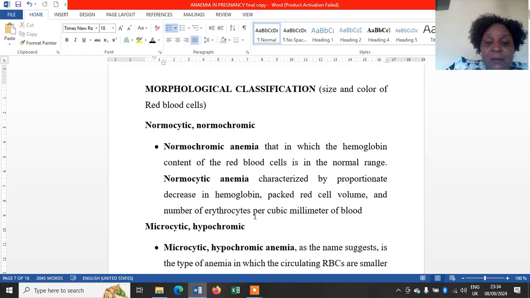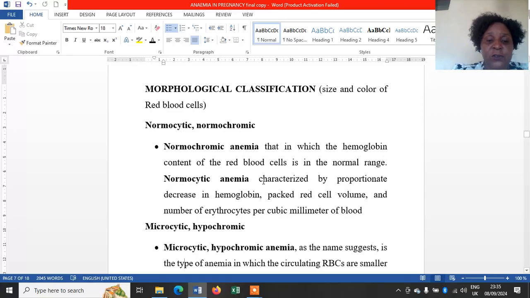Normocytic anemia means the hemoglobin content of the cell is in the normal range, characterized by inappropriate decrease in hemoglobin, packed red blood cell volume, and the number of erythrocytes per cubic millimeter.